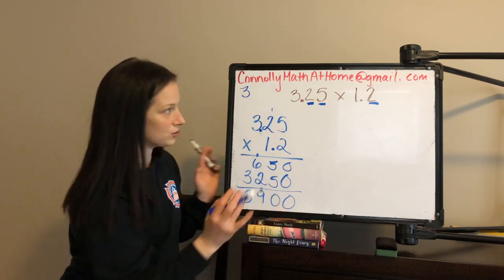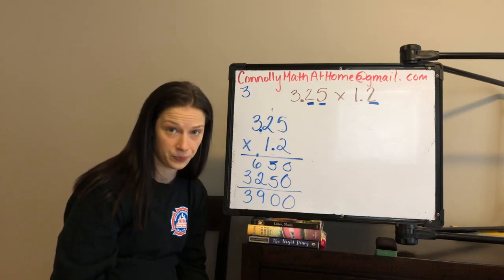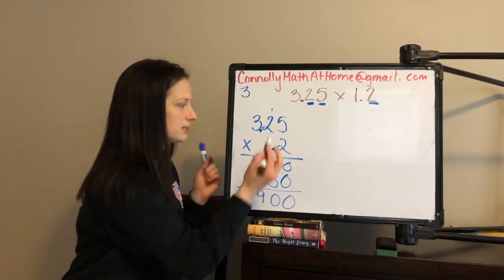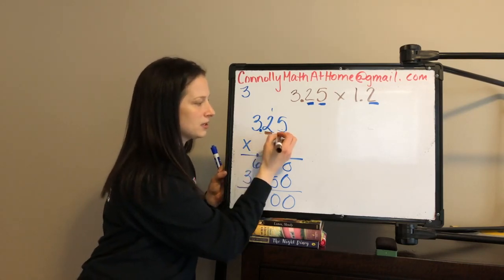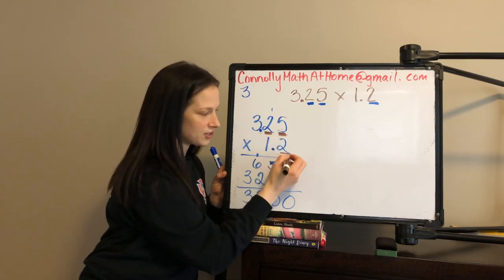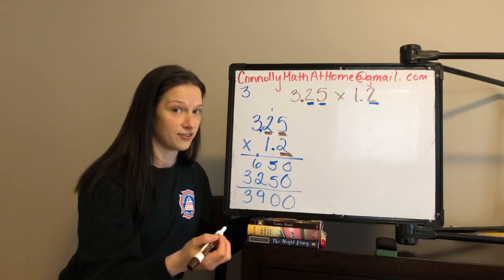All right, so where does the decimal go? Okay, well, I know, and we've been over this, that there's 1 digit, 2 digits to the right of the decimal in one factor, and there's a 3rd digit to the right of the decimal in the other factor.